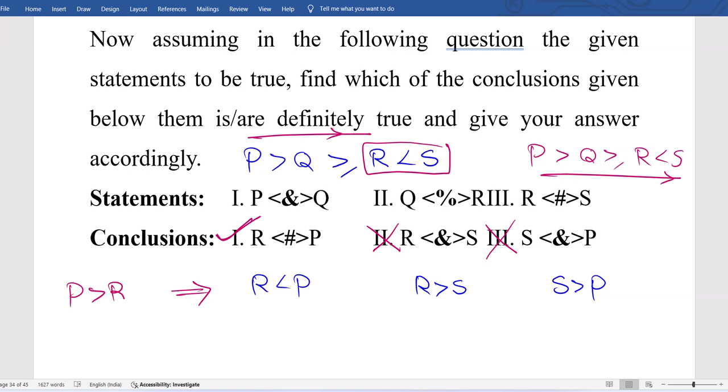But the relation is from P to S. Throughout the path, if there is a common symbol, then use it and solve the question. If there is no common symbol, ignore it. It's not possible. I cannot say S greater than P definitely. It's wrong. So the answer is only conclusion one follows.